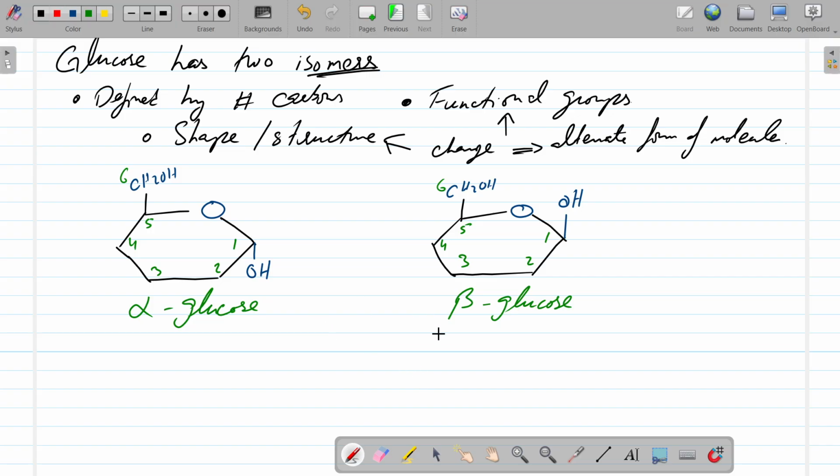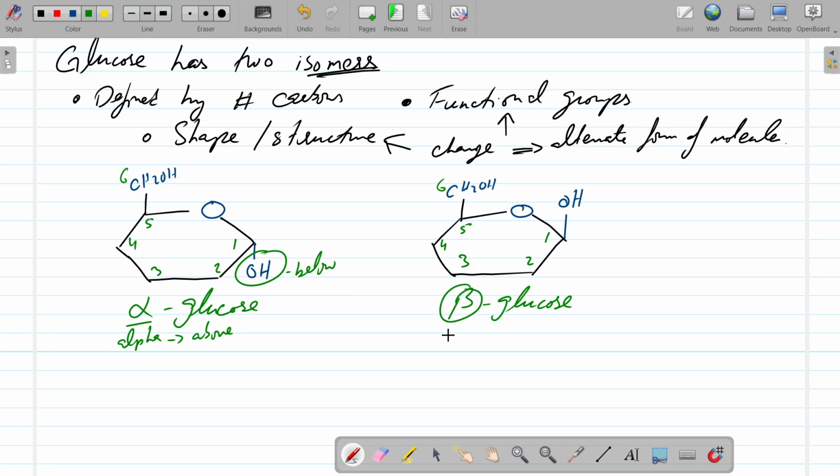And to remember the position of the OH group and which isomer it is, you can remember it some other way if that's what you like, but what I use is, well, this is alpha, which means above, and this guy is below, so like the opposite.